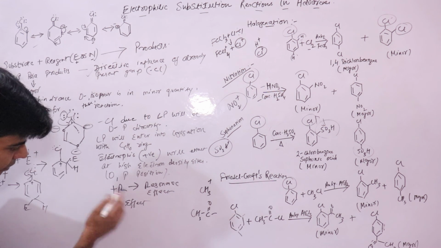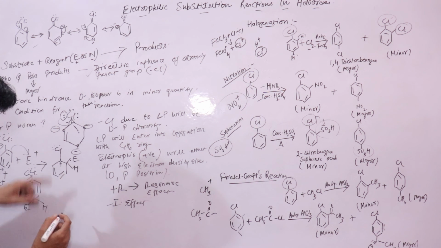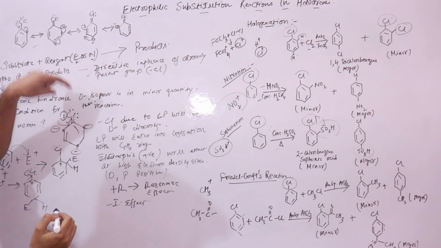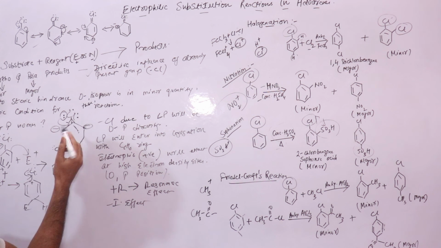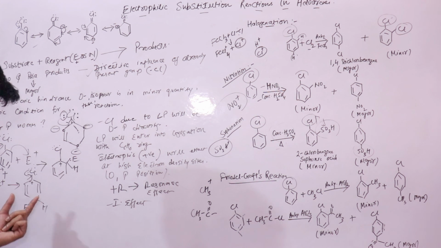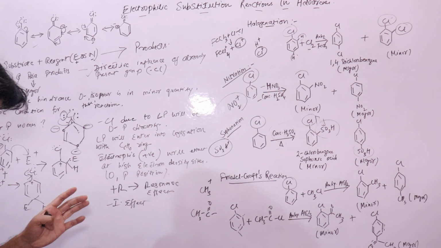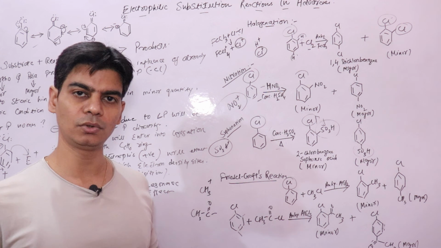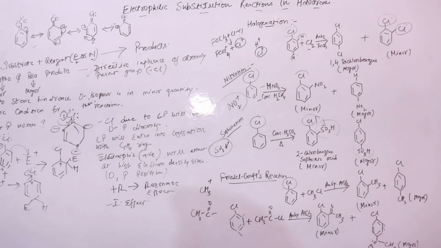So the minus I effect is electron withdrawing. Due to it, Cl will withdraw electrons from this benzene ring, and when electrons are withdrawn from the benzene ring, the positive charge on this carbocation is increased. When the positive charge is increased, it is more reactive, more susceptible to attack by negative reagents.